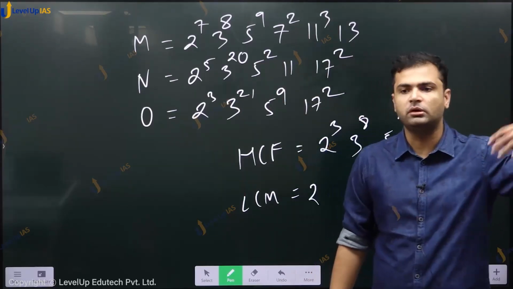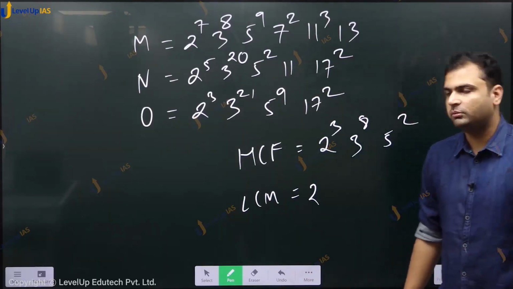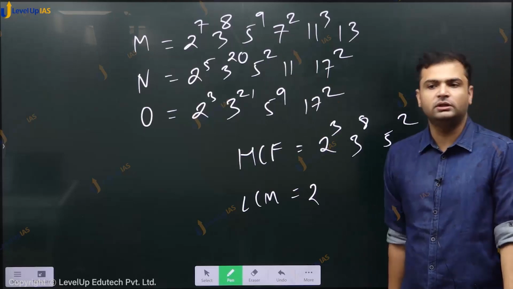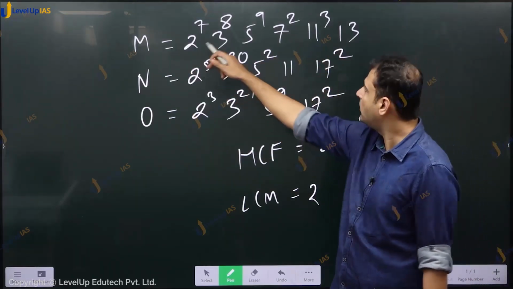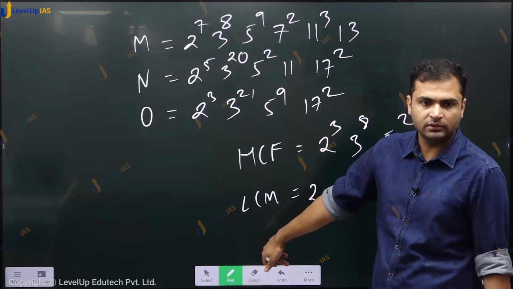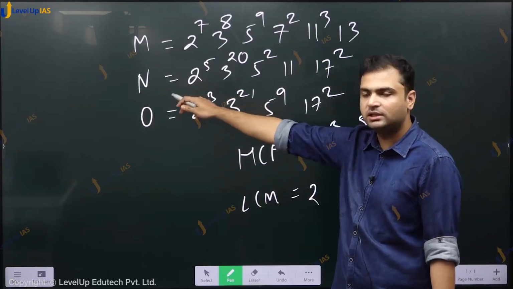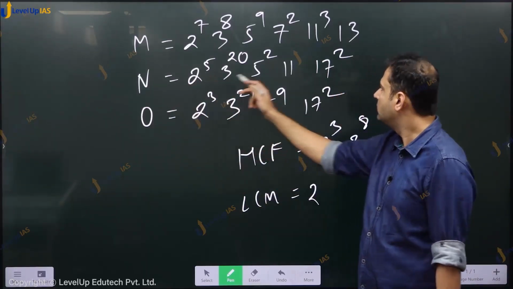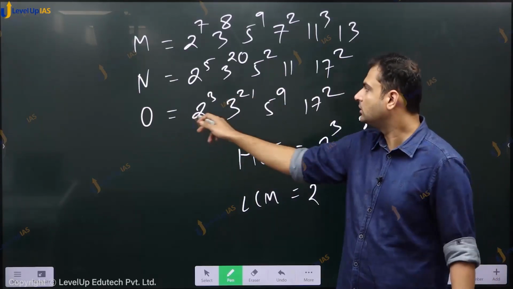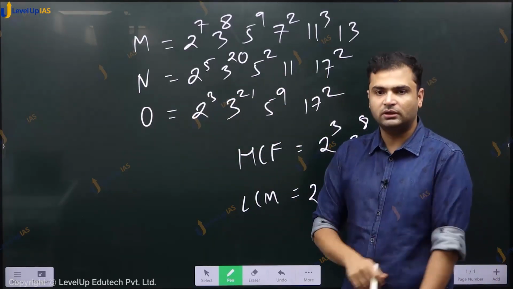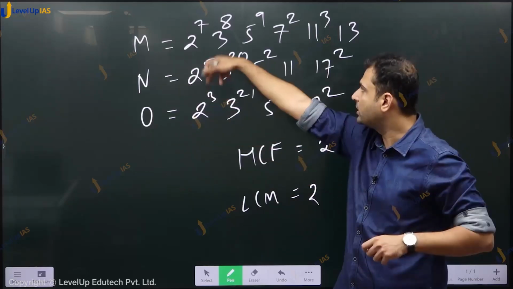Multiple होना चाहिए, common multiple. So for LCM to be a multiple of M, you need all those prime numbers in the LCM. For LCM to be a multiple of N, you need all these prime numbers as well, to the respective power.